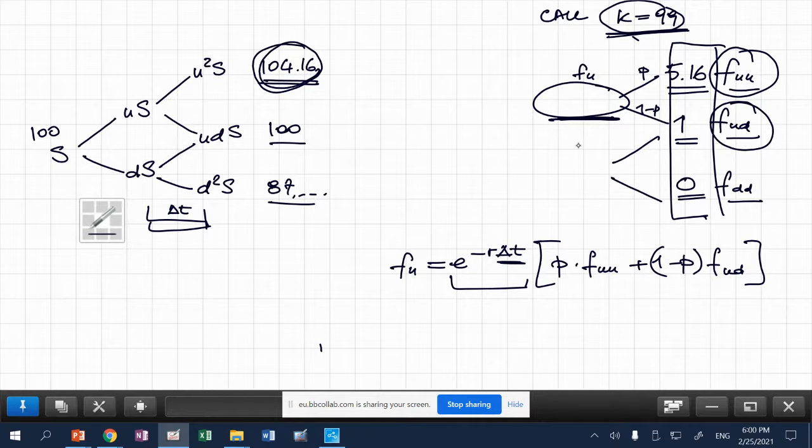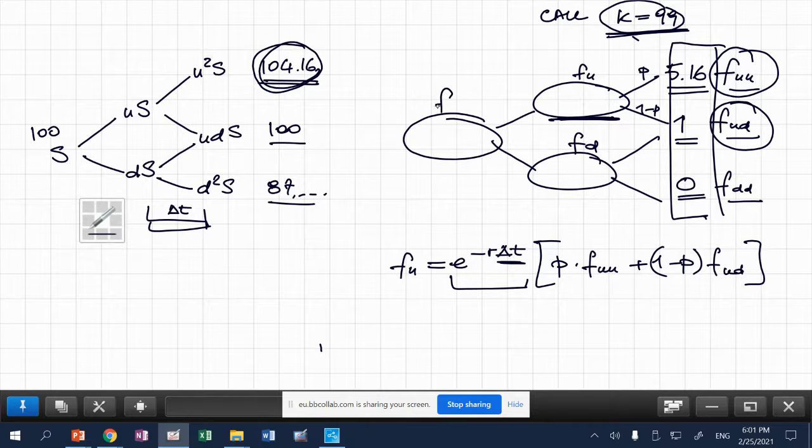Similarly, you derive an FD here, and in the same way, discounting back another period, you derive the initial value of the derivative as a discounted weighted average of FU and FD. That's how the binomial model works, okay?